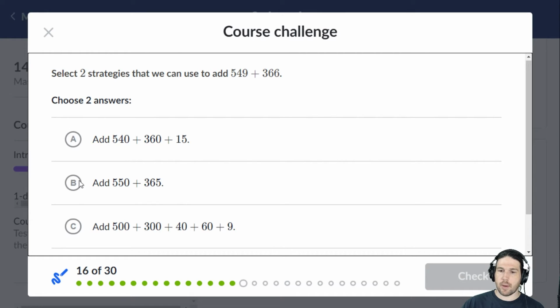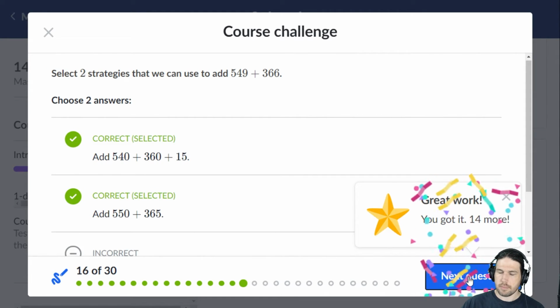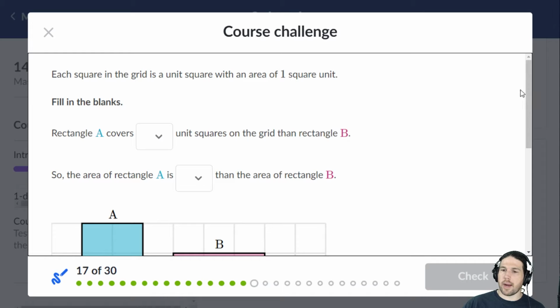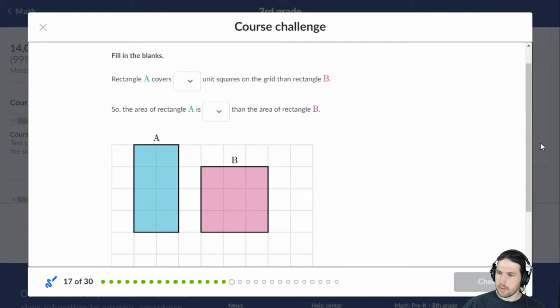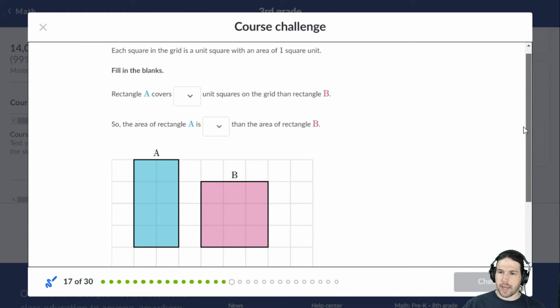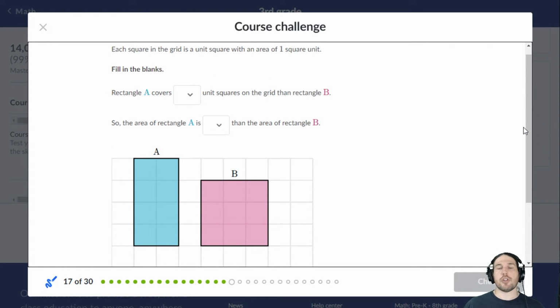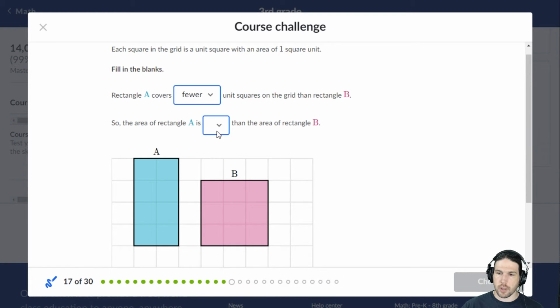It can't be that one, so it must be the other 2. Each square in the grid is a unit with 1 square. Okay, so figure out the area of each and tell me which one has the greater area. Well, rectangle A covers fewer, so the area is less.